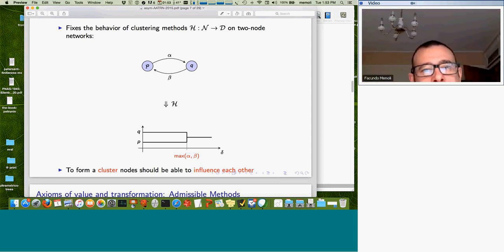So this will be an analog, say, to strongly connected components. The minimum will give something analogous to weakly connected components, where you just require a path, not a bidirectional path between nodes.